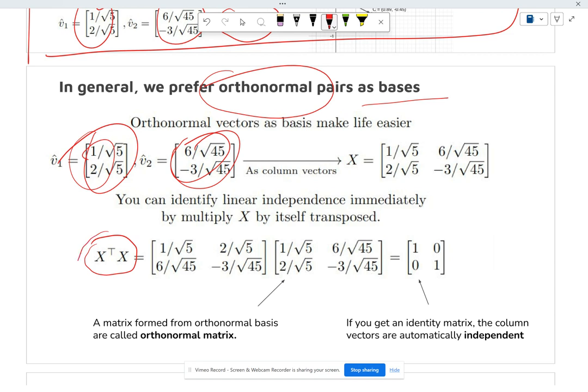If you take the transpose, because they're orthogonal, remember, this is vector 1 and this is vector 1. When you dot them together, by definition, because they're orthonormal, their length is 1. So it's going to be 1.